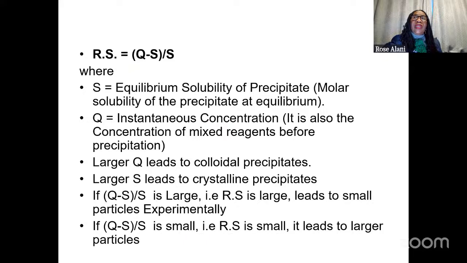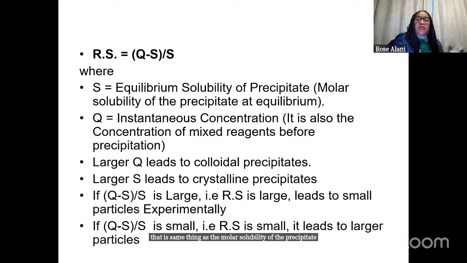RS, relative supersaturation, is equal to Q minus S divided by S. Where RS is relative supersaturation, S is the equilibrium solubility of your precipitate. That is the same thing as the molar solubility of the precipitate at equilibrium.